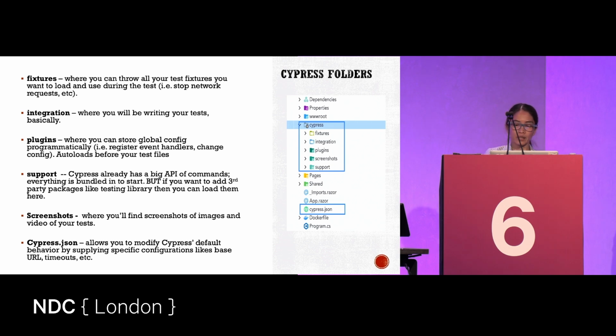You can put them inside the support folder. And screenshots: this is where you find all the records of your screenshots and videos. And lastly, there's the cypress.json. This is where you put your modifications in Cypress by supplying specific configuration, like your base URL, your timeouts, and so on.